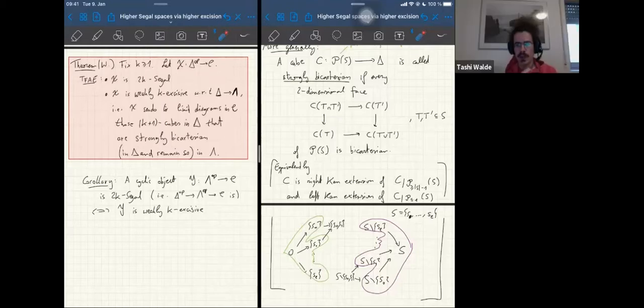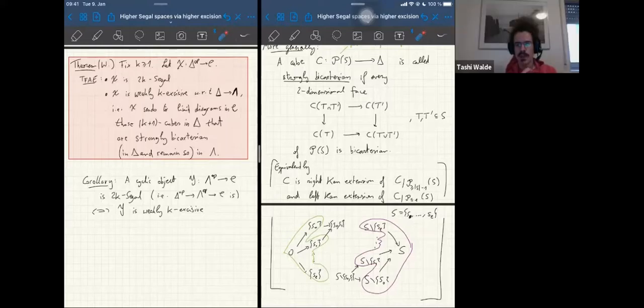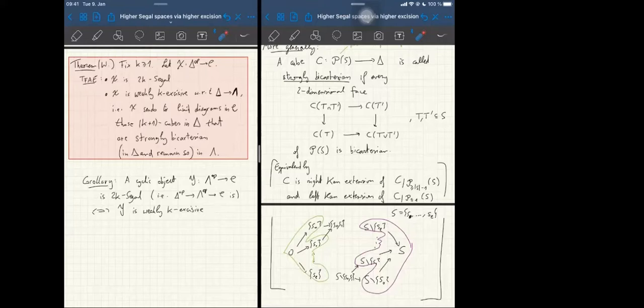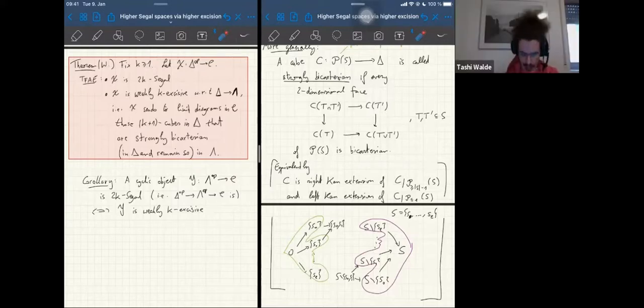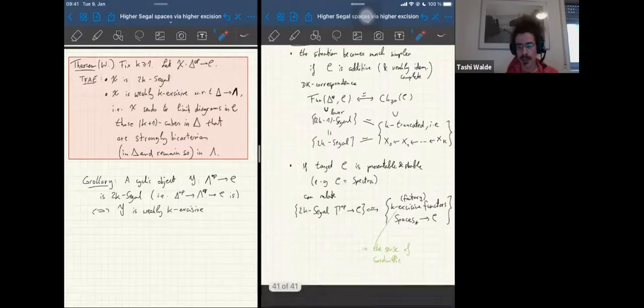So you don't only get very special ones. So somehow connective. You only get the connective endofunctors, which is a very strong condition. But you're looking at this k-excisiveness, which is precisely the fact that these push-out cubes are mapped to homotopy pullbacks. And you should note that in this last statement about Goodwillie calculus, I'm looking at a stable target.